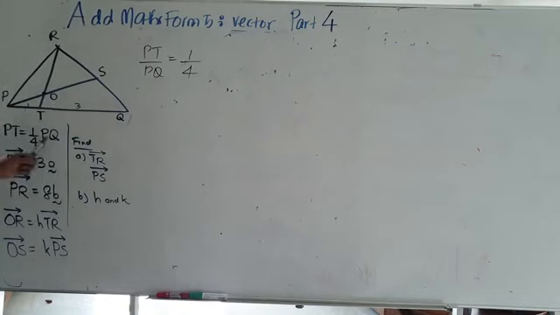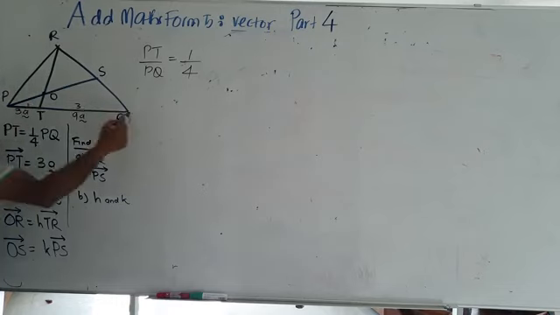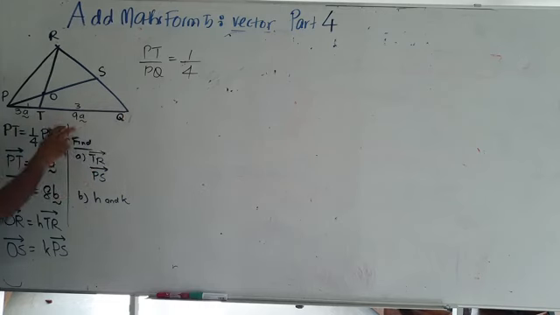That's the first information. Then PT is 3A. One part is 3A, so 3 parts will be 9A, and the whole thing is 12A. So PQ is 3 plus 9, which is 12A. These two pieces of information have been used.